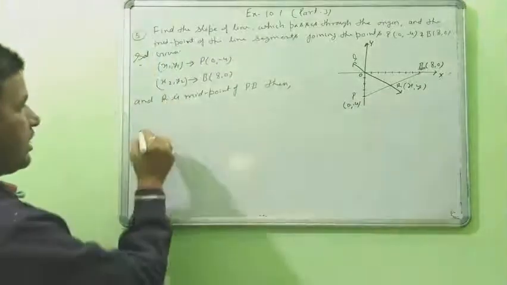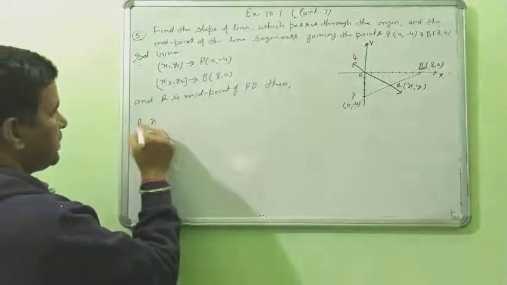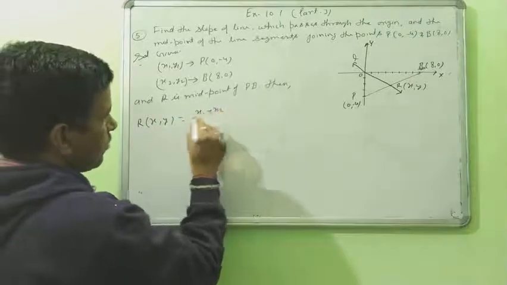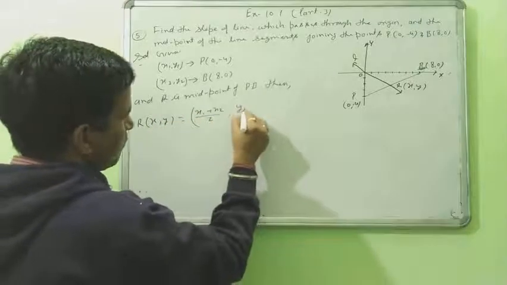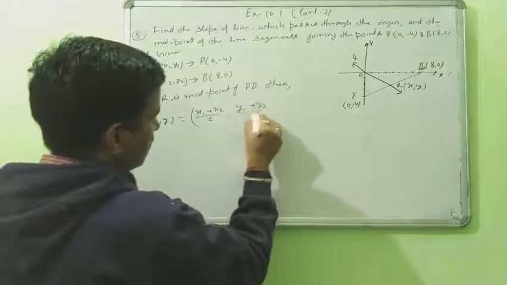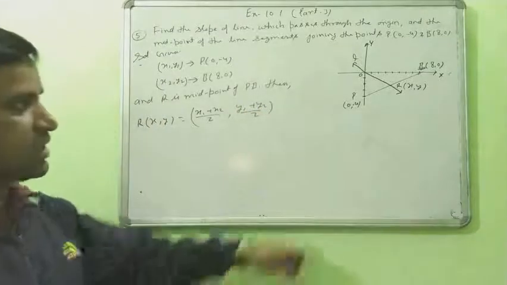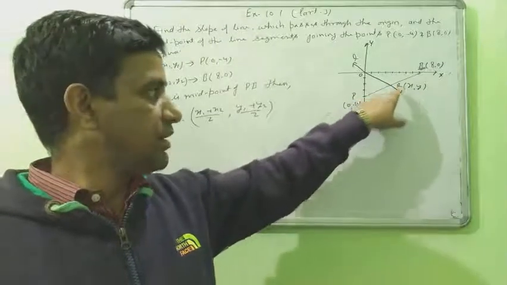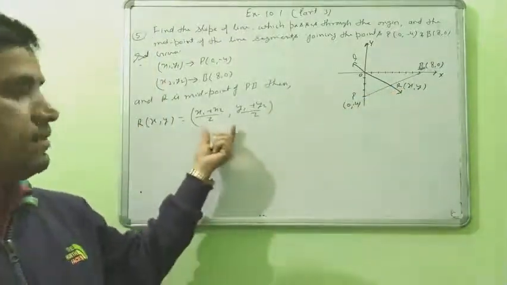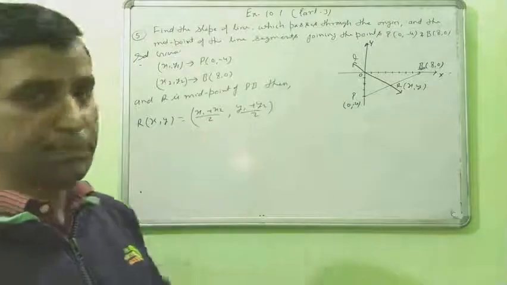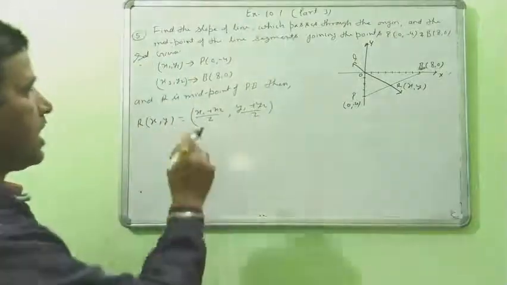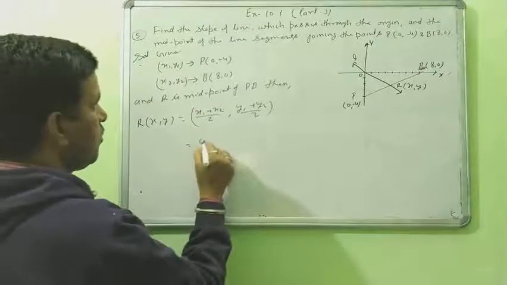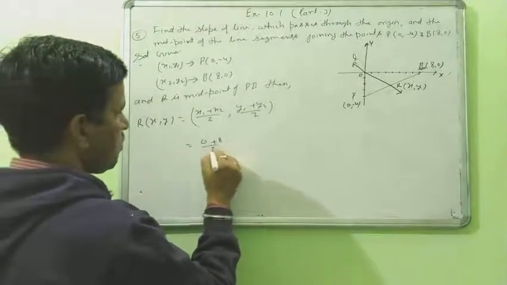Then the coordinate of R (x, y) equals (x1 plus x2) upon 2 and (y1 plus y2) upon 2, because it is given that R is the midpoint, so you use the identity of the midpoint. Here x1 is 0, x2 is 8: (0 plus 8) by 2.